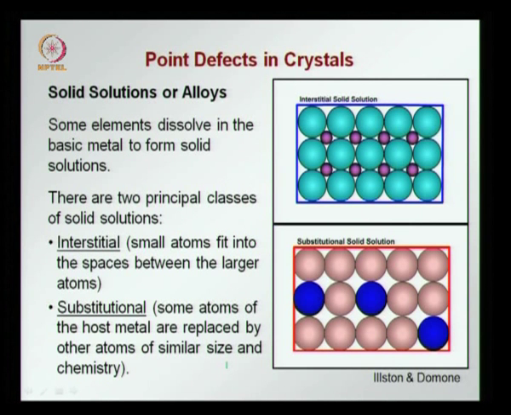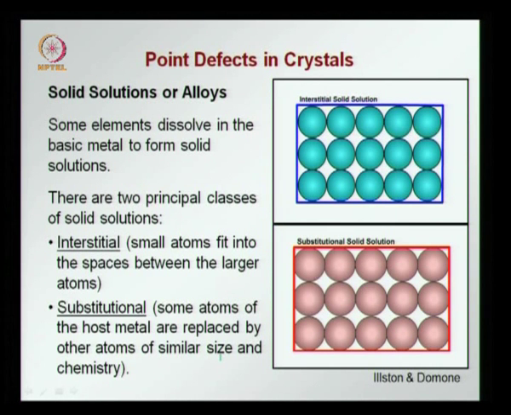Starting with the point defects in the crystals, we see solid solutions as a mix of different metals. There is a base metal and then there is a different metal which is introduced and becomes a solid solution. Just like we have liquid solutions, a solid solution is a homogeneous mix of two different materials.